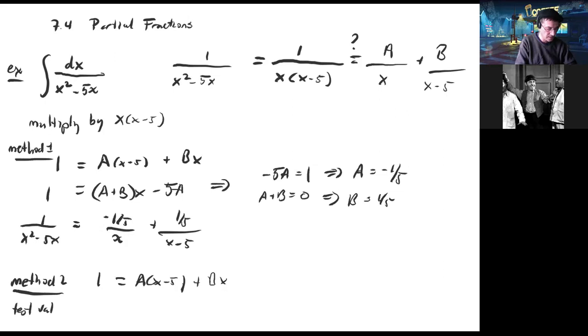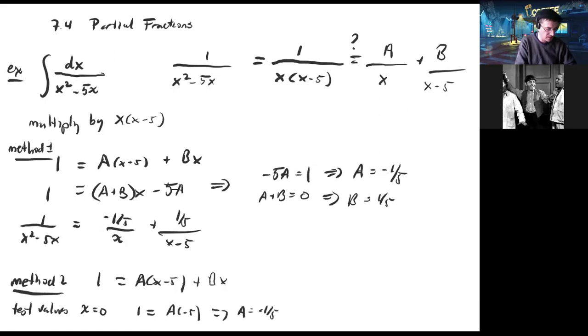And we choose the test values of x so that things vanish on the right side. So we can choose a test value of x equals 0. Now, if x equals 0, the left side doesn't change, but what happens to the right side? It becomes a times minus 5 plus 0. So that tells me that minus 5a is 1, so a equals minus a fifth.